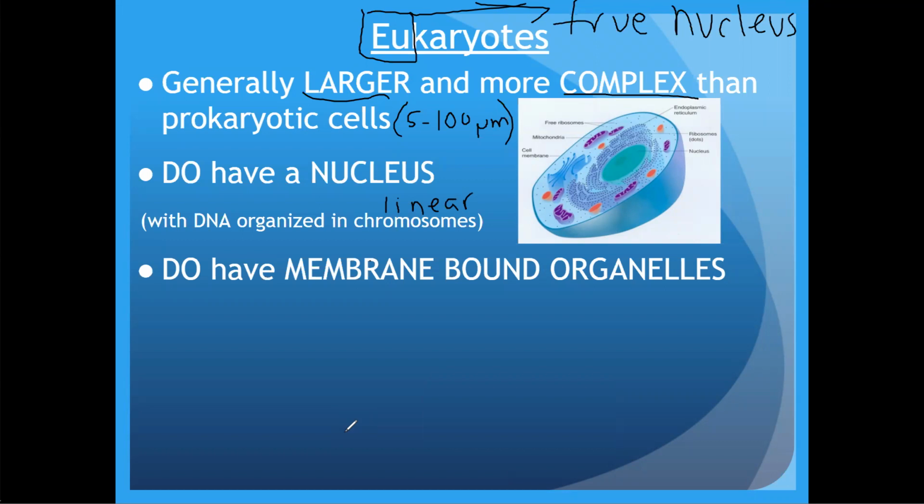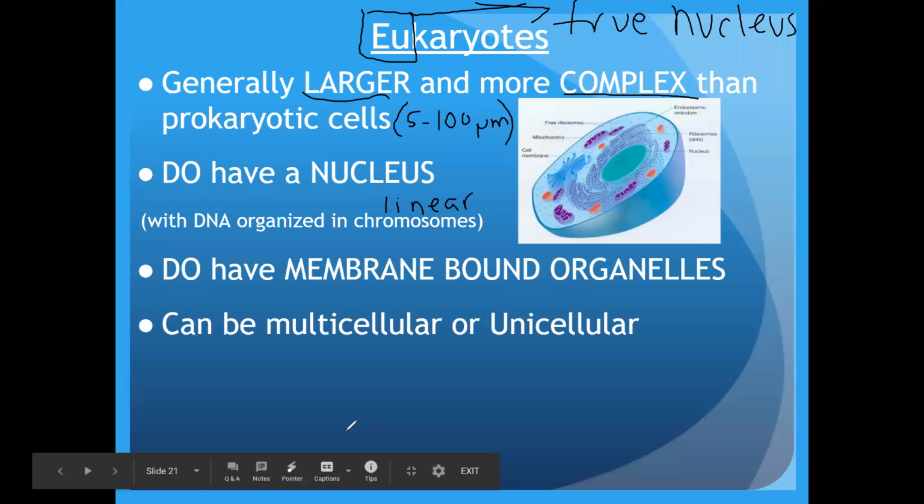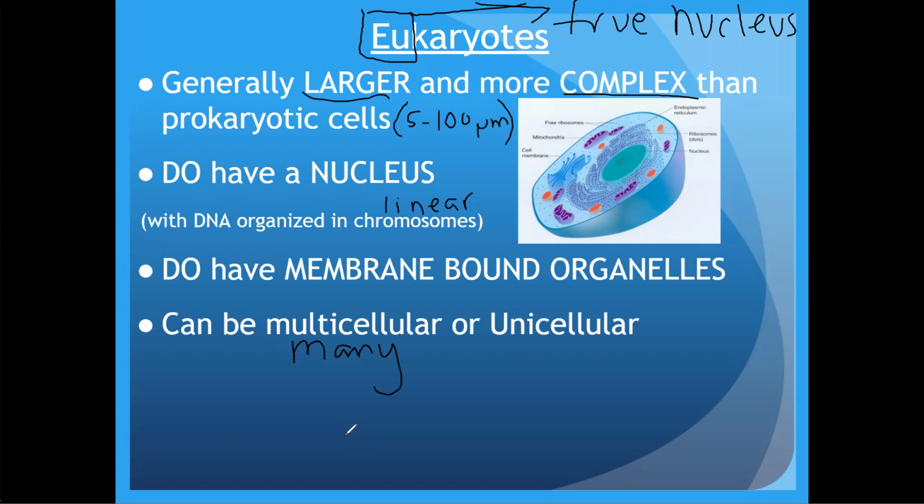Okay? Eukaryotes do have membrane-bound organelles. So eukaryotes do have many different types of tiny organs that have special extra coverings around them. Okay, eukaryotes can be multicellular or unicellular. So eukaryotes can be made of many cells, or they can be made of one cell.